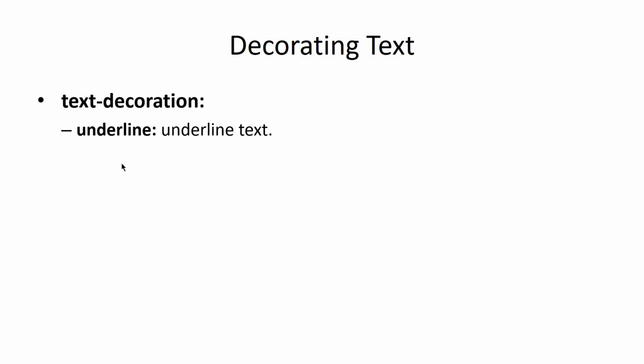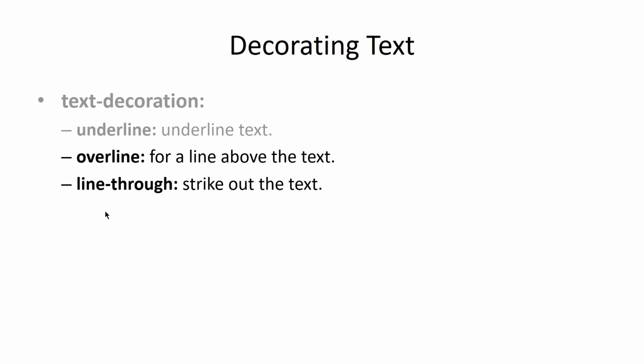Okay, you can also use CSS to change text decoration. The property is called text decoration, and the possible values are underline, which adds a line under the text, overline, which adds a line above the text, or line through, which strikes through the text, or none, which gets rid of all the decorations.